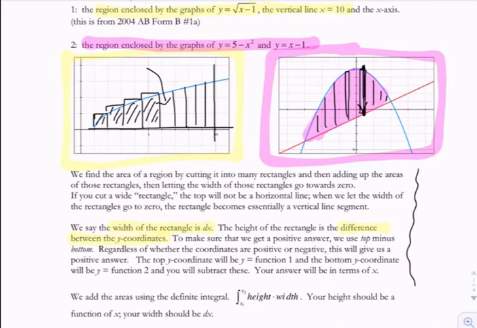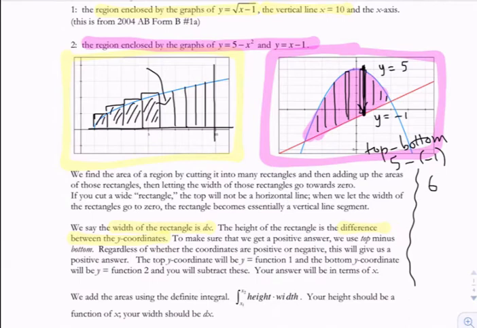We want it to be positive. So to get a positive answer, you're going to subtract, but you're going to use the top minus the bottom. In this case, for example, if this is y equals 5, and this is y equals -1, and you want to find the height, we'd really like the answer to be 6. You can do top minus bottom, and you'll do 5 minus -1, which gives you +6.